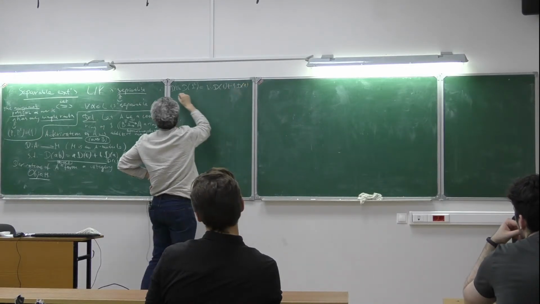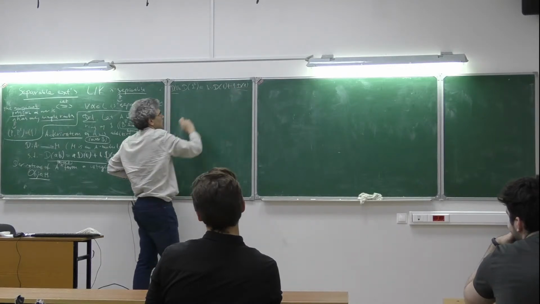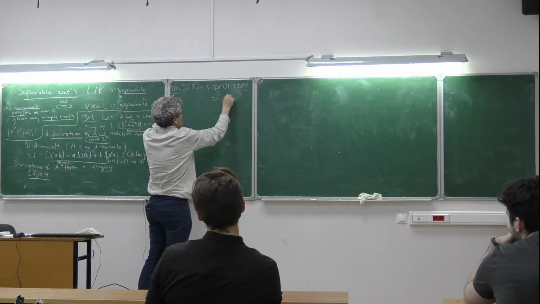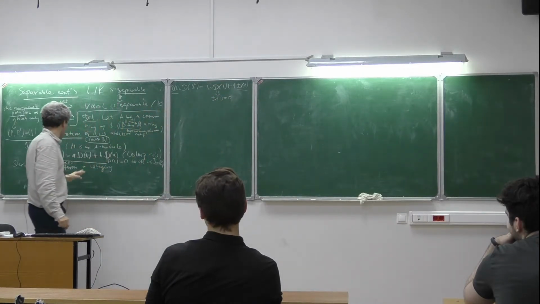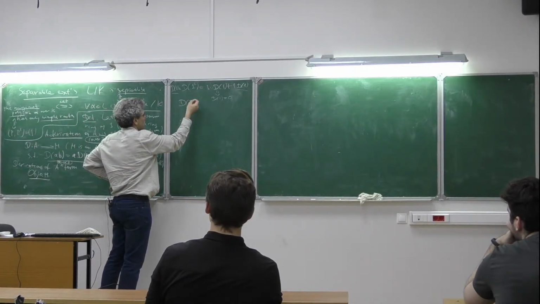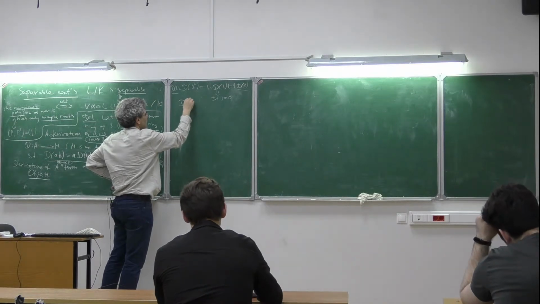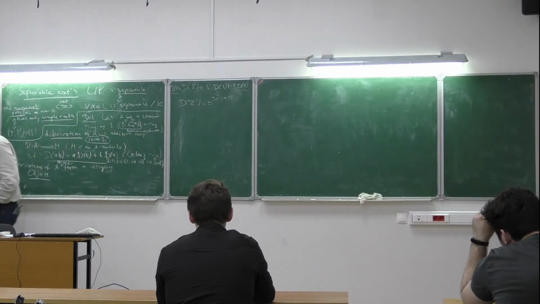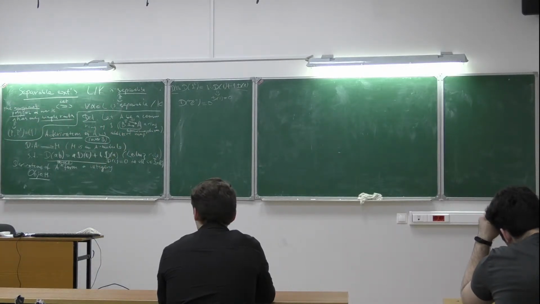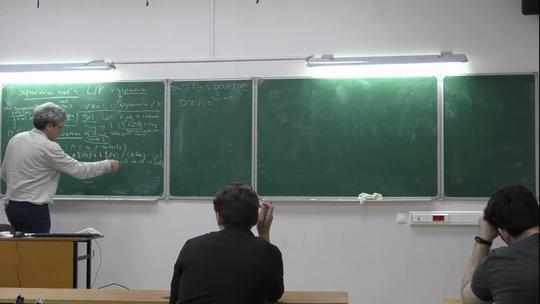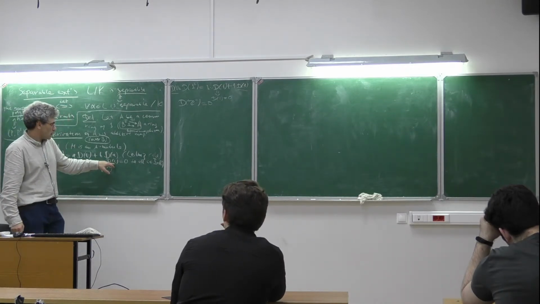This means that you can cancel these terms, and so d of 1 is 0, and therefore d annihilates all the images of integers.